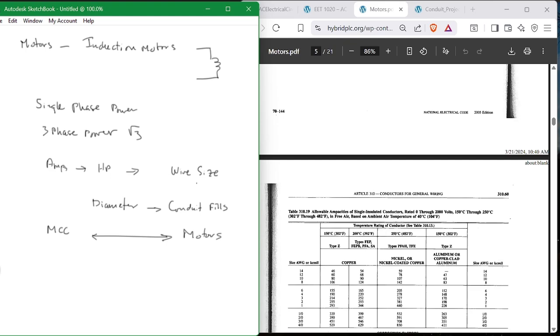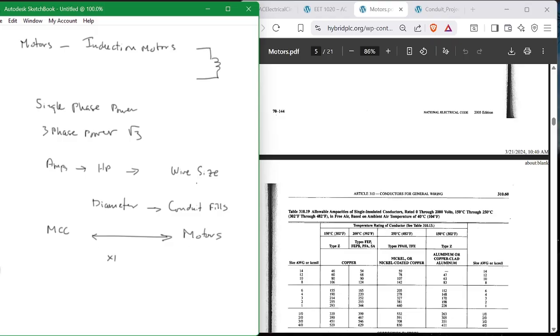Owens Corning picked XHHW because it was a type of wiring insulation. Now you're talking about wiring insulation in a controls course, or in an electrical course, because wiring insulation is important, since different types of wire have different types of insulation.